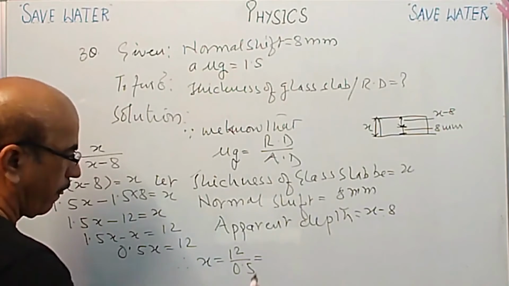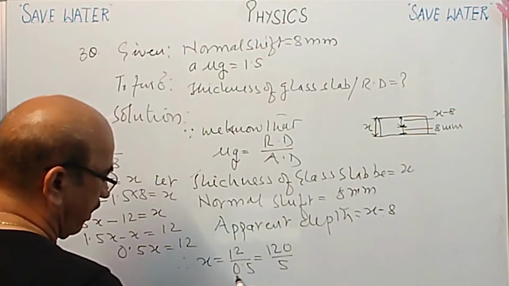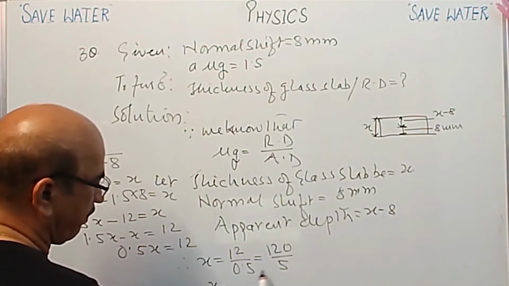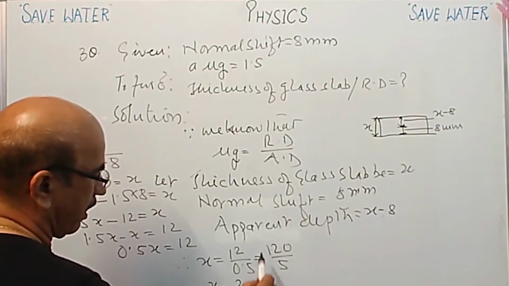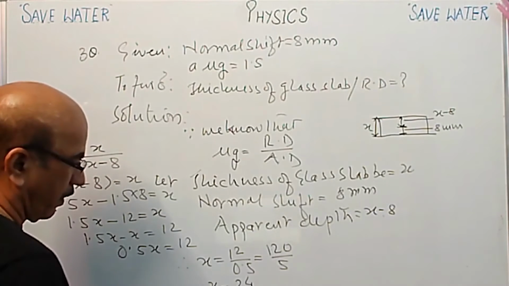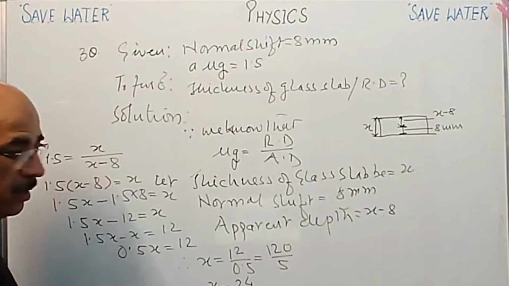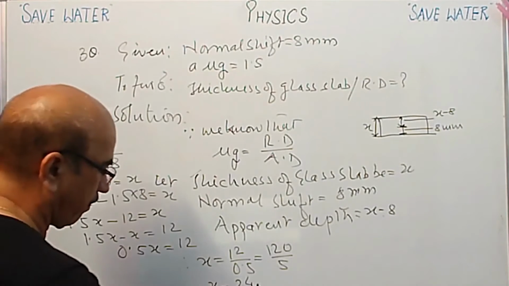How much will it come to? This will be 120 upon 5. So therefore, x will be 5 2s are 10 and 5 4s are 20. Okay, so 25. So it is 24 millimeter.